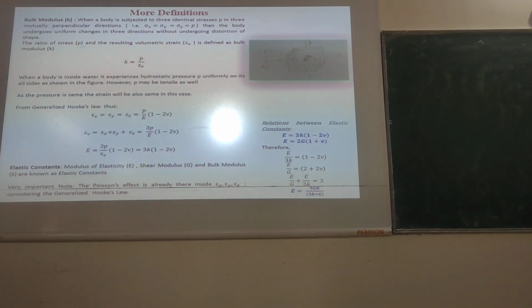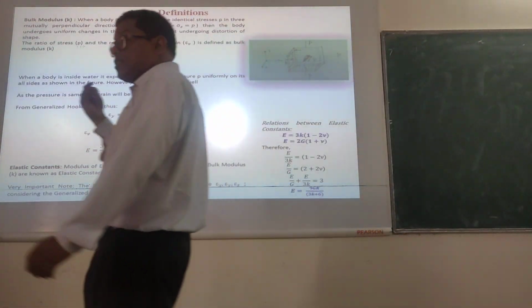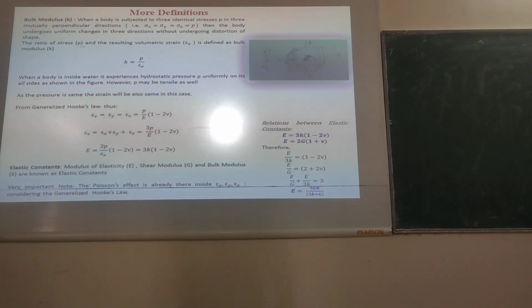Now when this sigma x, sigma y, sigma z all become equal, let's say they become equal to p. So when a body is subjected to three identical stresses, in the previous case we hadn't considered identical stresses, right? Here, when defining the bulk modulus, we should understand that the body is subjected to identical stresses. What does it mean?